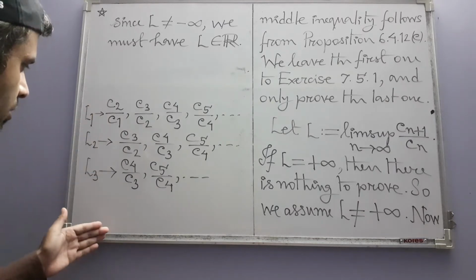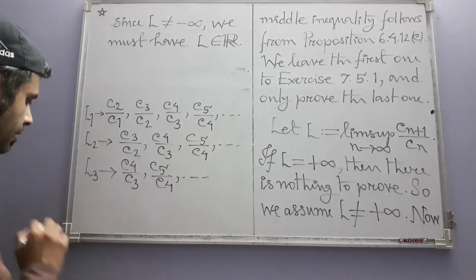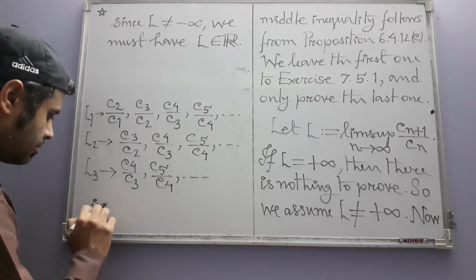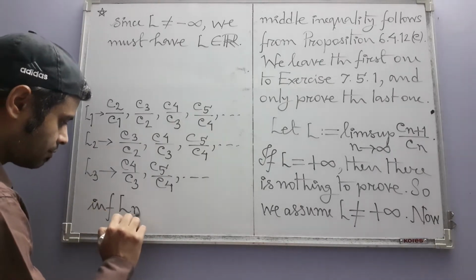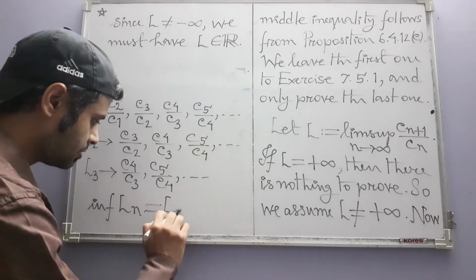You get a sequence of suprema, and you calculate the infimum of that sequence of suprema. That by definition is your limit superior L.